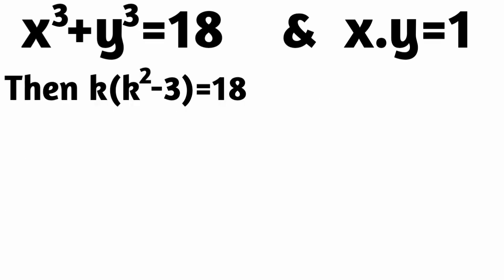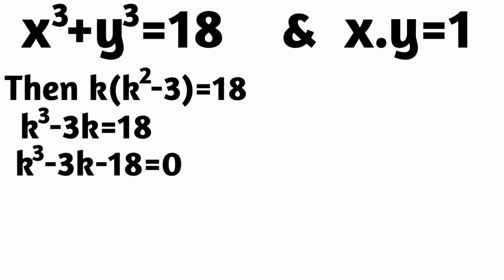This becomes k into k square minus 3 equal to 18. Now by multiplying k in the bracket we get k power 3 minus 3k equal to 18, and by transposing 18 to the left side we get k power 3 minus 3k minus 18 equal to 0.